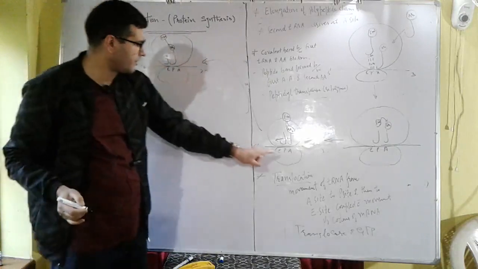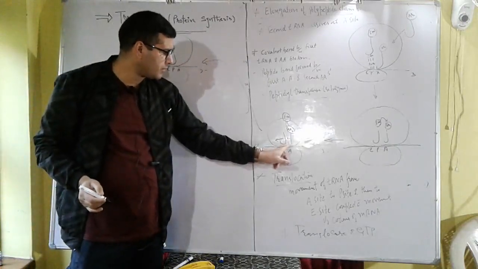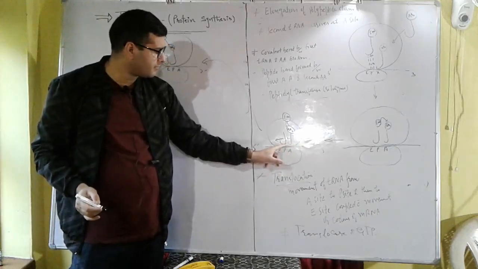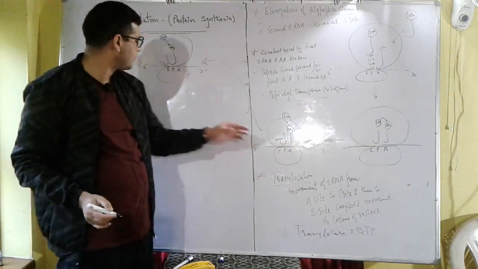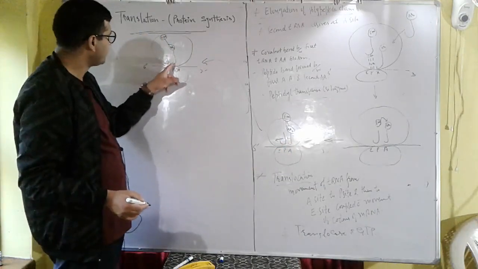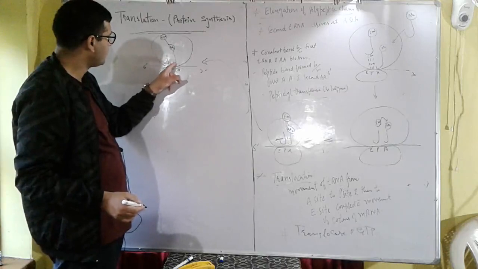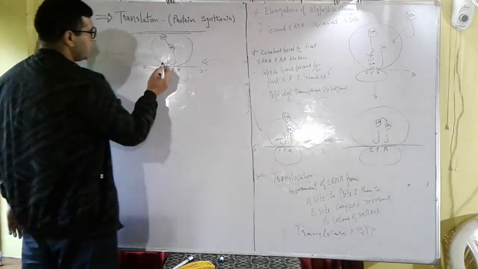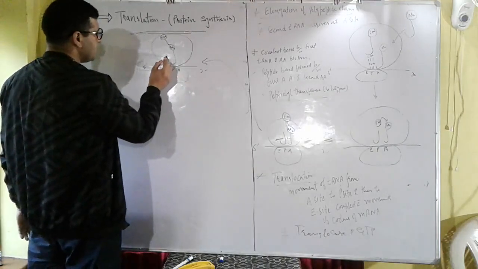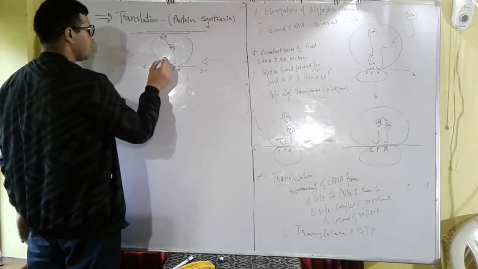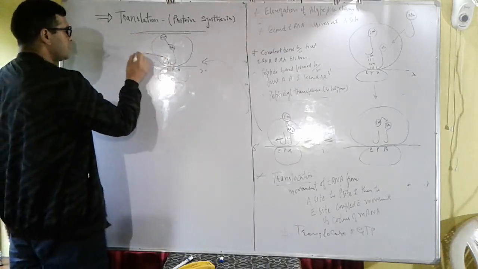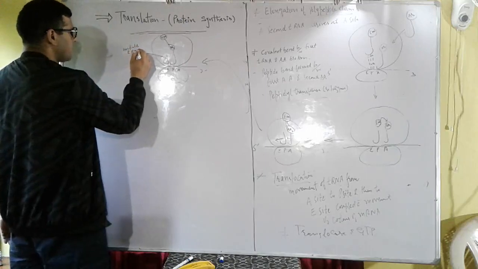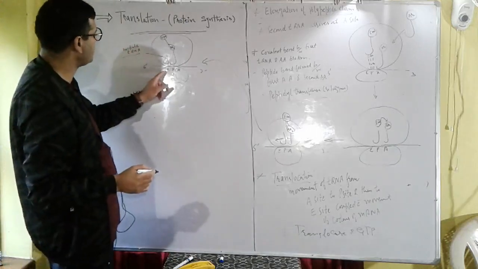So in translocation, what happens? There is the sequential movement of tRNA from A site to P site, and from P site to E site. So I have shown it here like this. This tRNA shifts from A site to P site and E site. This is the initiator tRNA. This initiator tRNA gets shifted from P site to E site.